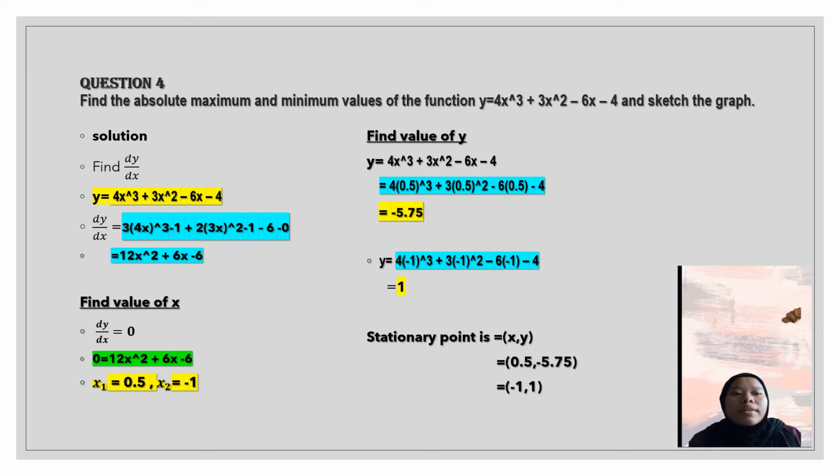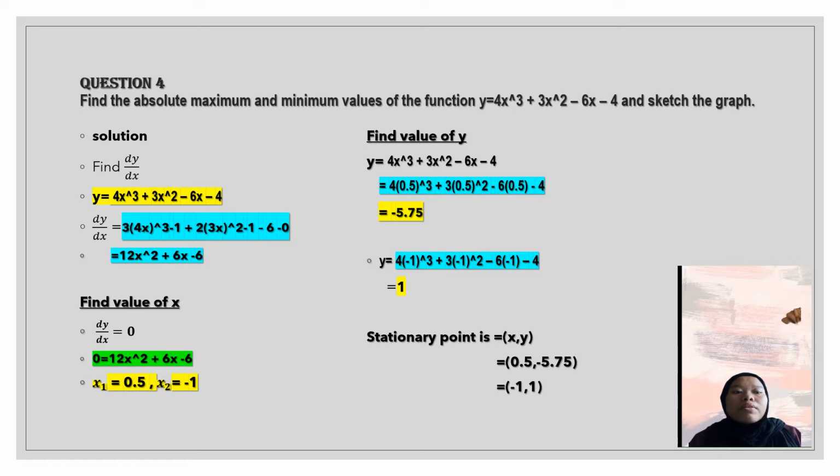So next we want to know y2, so we must make a calculation. Put negative 1 into the equation. So y equals 4(-1)^3 plus 3(-1)^2 minus 6(-1) minus 4.